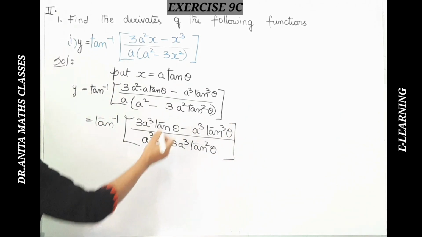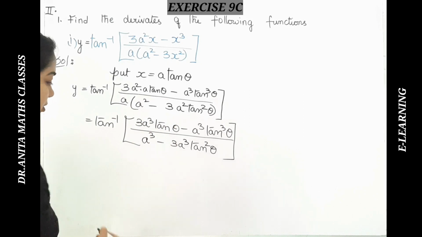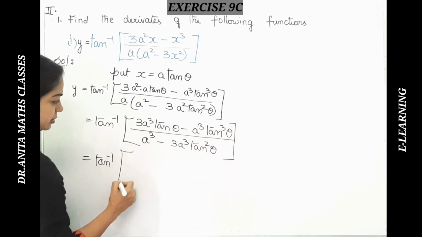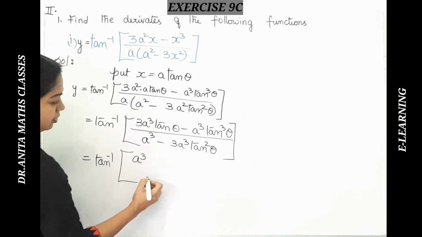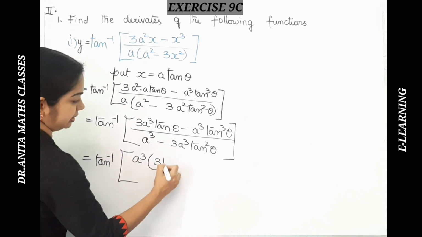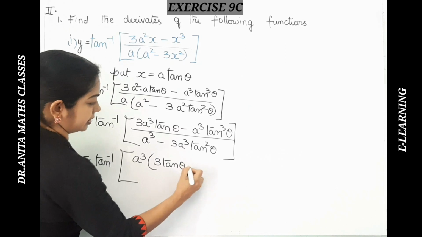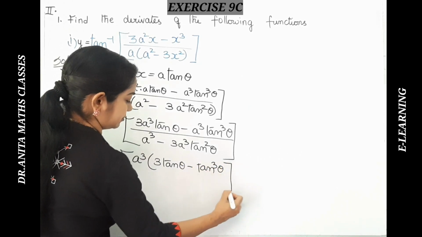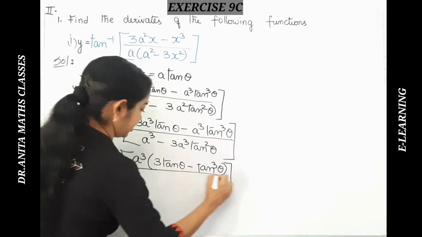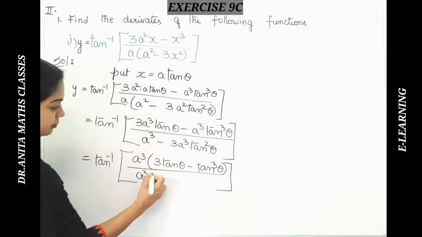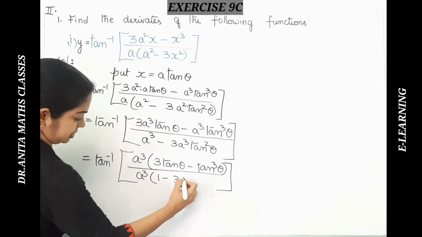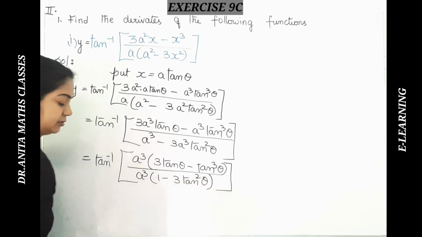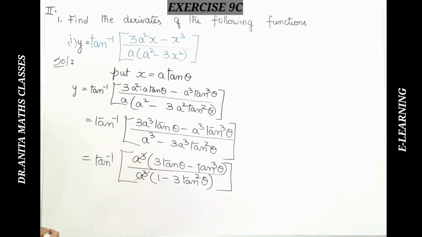If you see, a cube is common in both the numerator as well as the denominator. So let me take that out. If you take a cube common, this becomes 3 tan theta minus tan cube theta, divided by, even here if you take a cube common, 1 minus 3 tan square theta. We can cancel off a cube here.